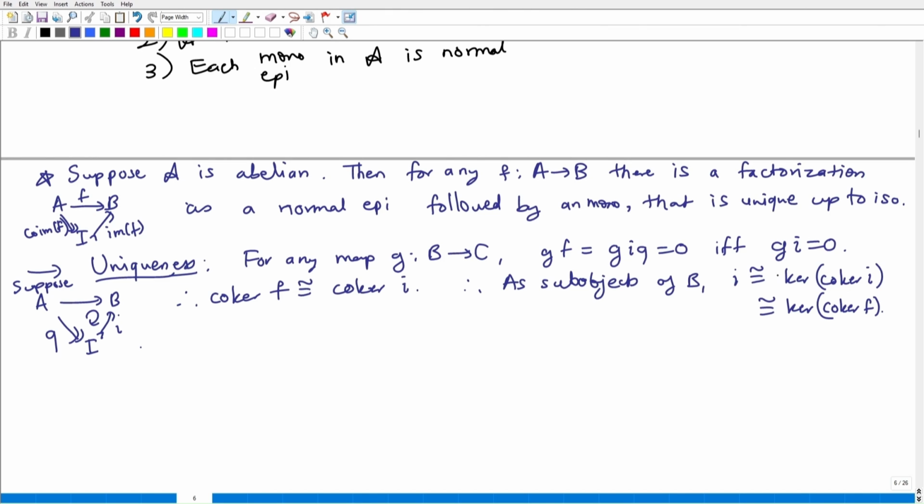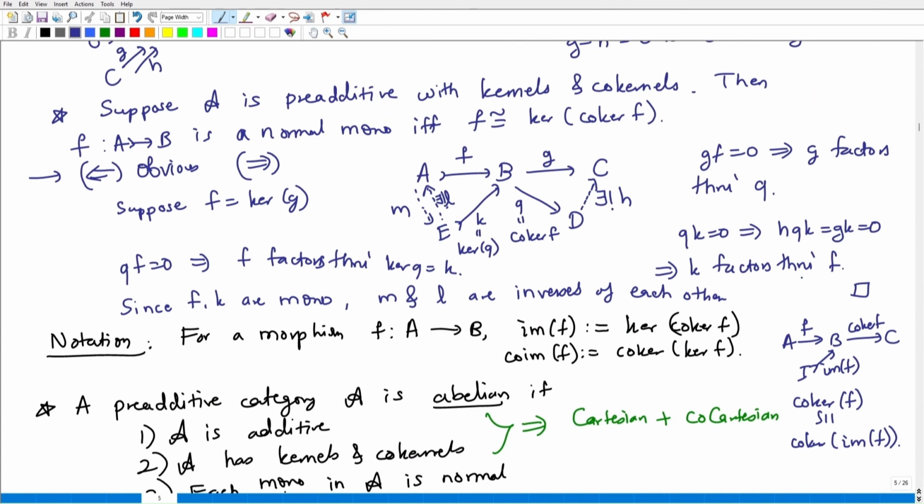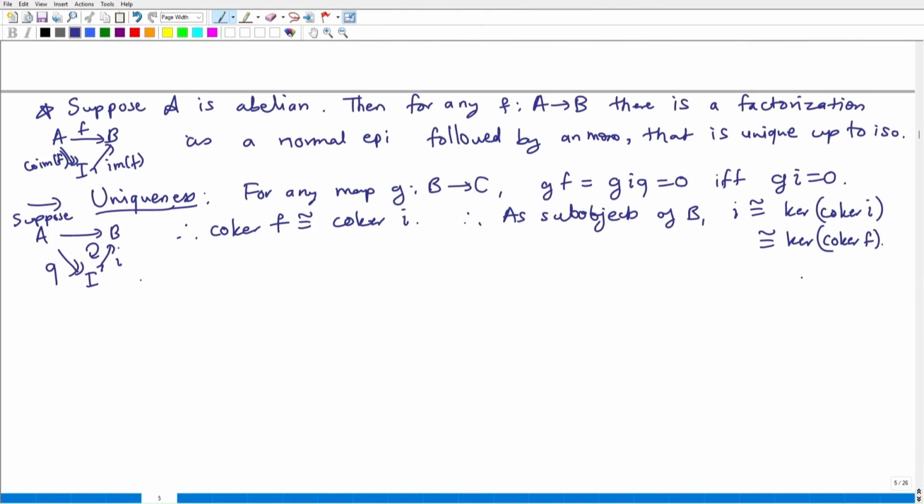How do I get the first one? I is isomorphic to the kernel of the co-kernel of I, because we just showed that above, that for a monomorphism, it is isomorphic to the kernel of its co-kernel. So this is about the result above.